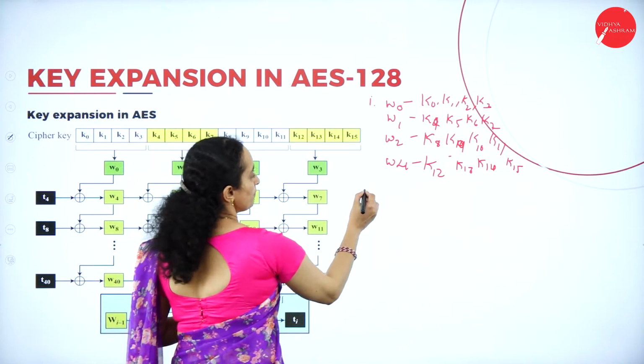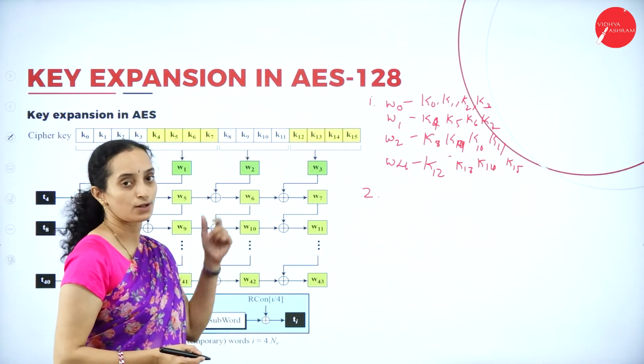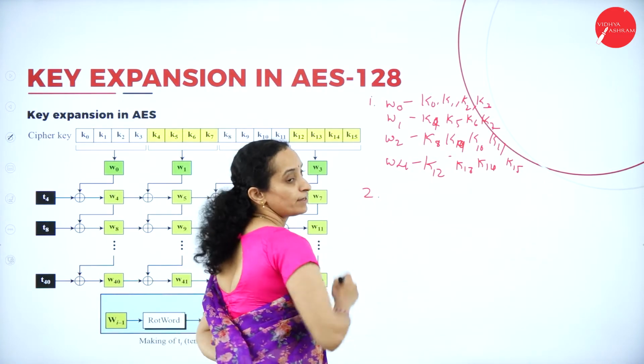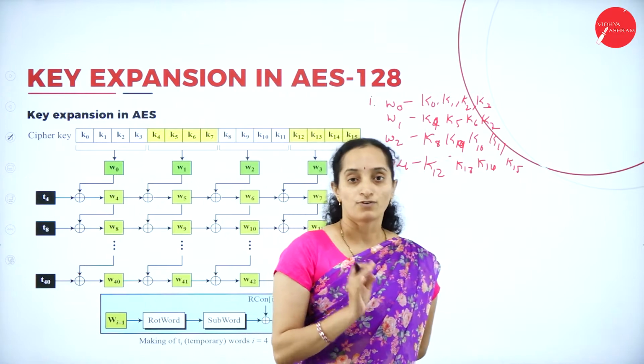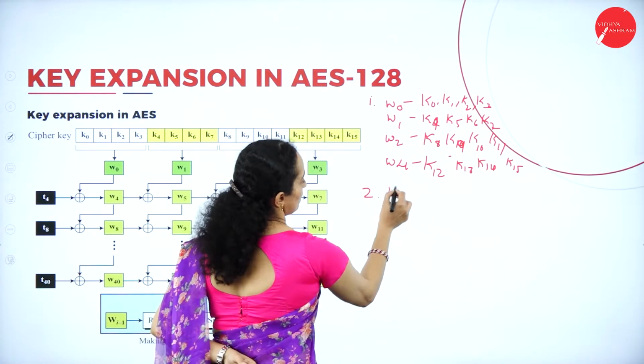What about the next consecutive rounds? How are you going to calculate them? The rest of the round keys can be calculated like this. We calculate the word count by the following expression.